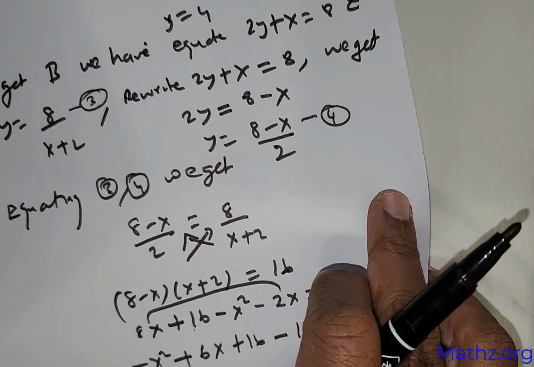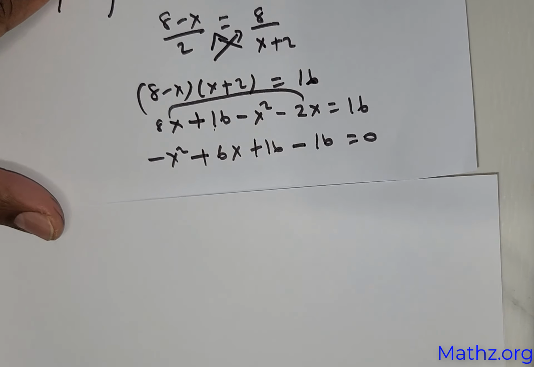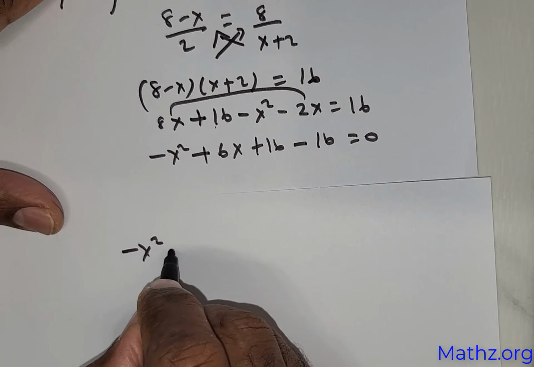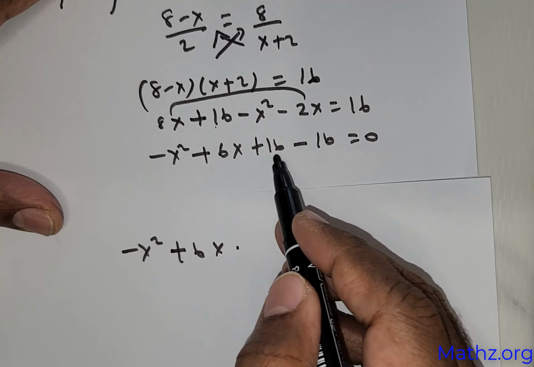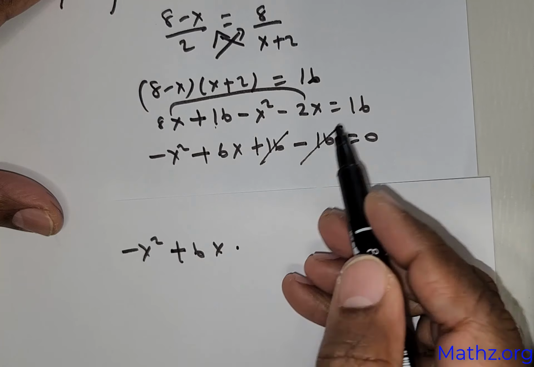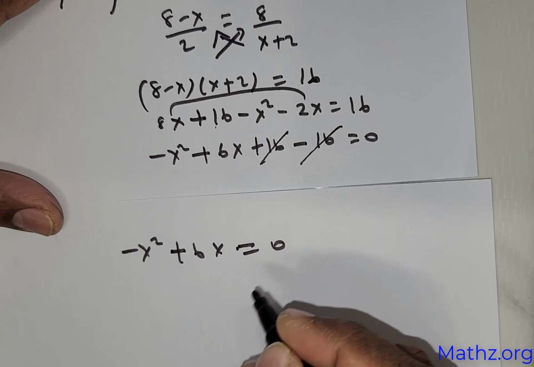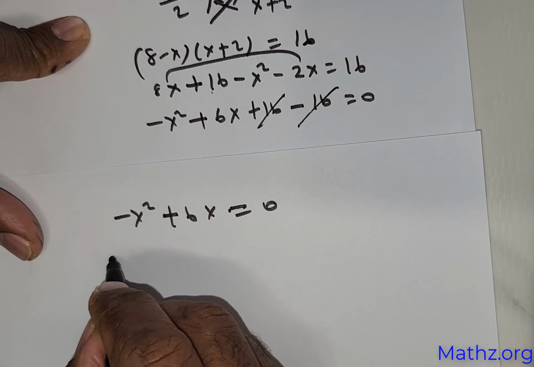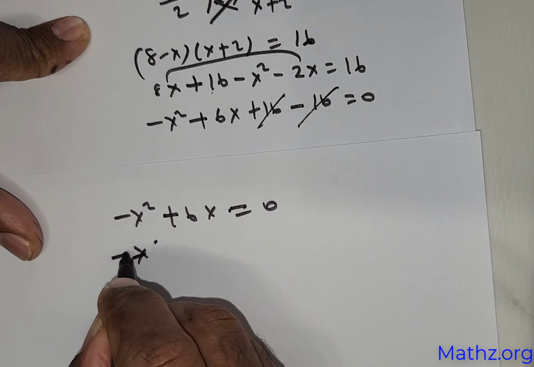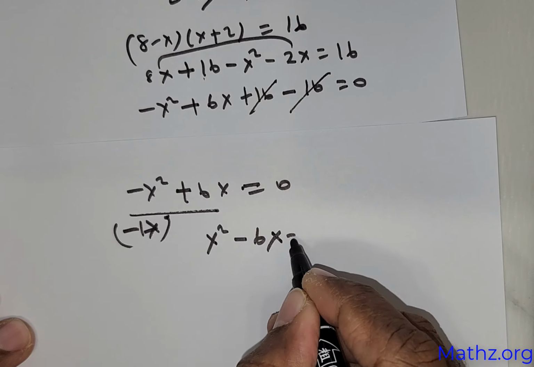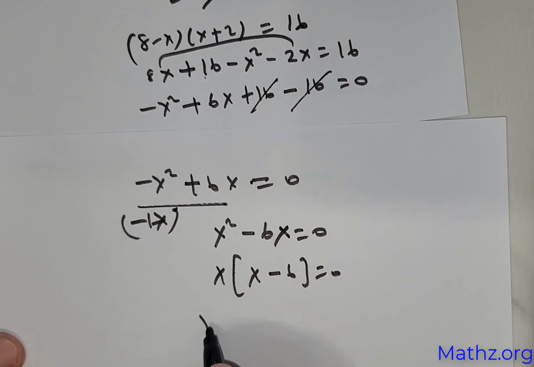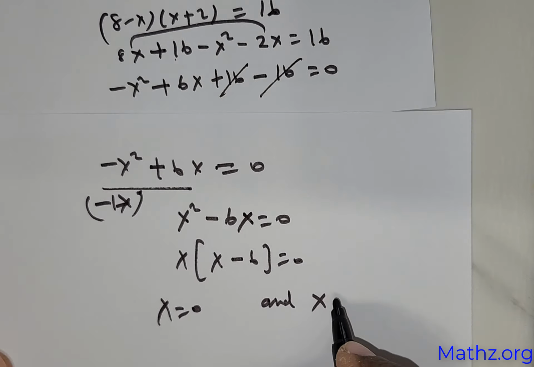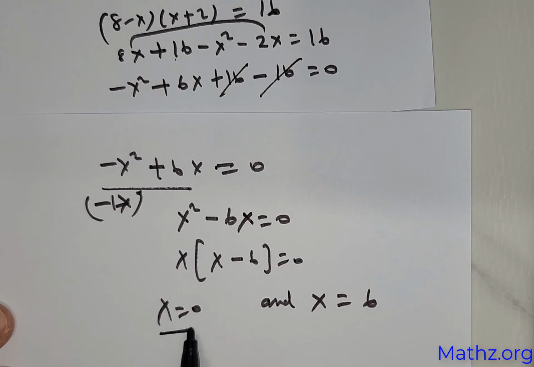Now this is -x² + 6x, the 16s cancel, so you get equal to 0. If I multiply by -1, I take an x out, I get x(x - 6) = 0. I get x = 0 and x = 6.